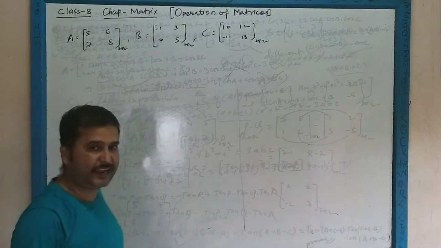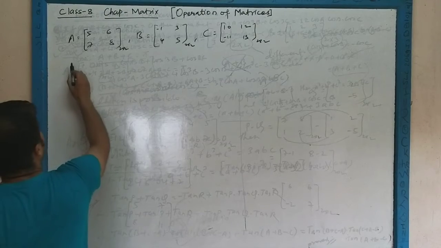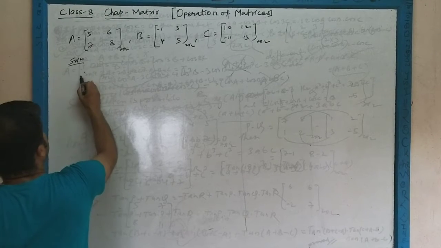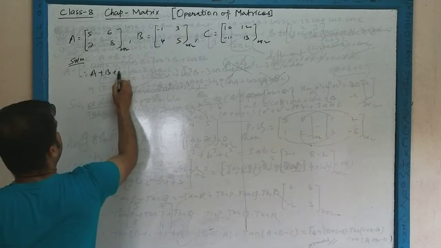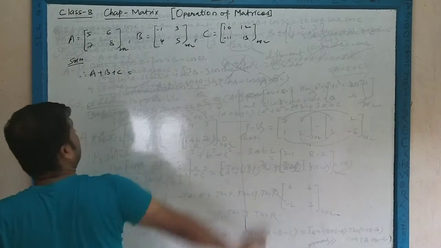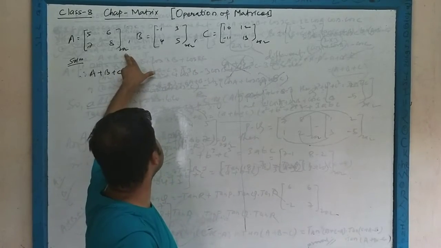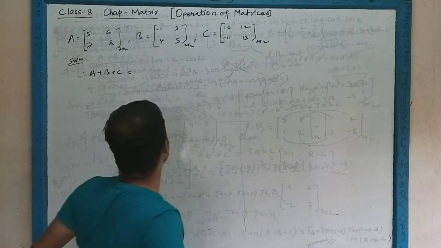Here I am doing addition and subtraction at a time, and I am showing you this example. So the solution: I am writing A plus B minus C, doing it roughly. Is addition and subtraction possible? Yes, because first of all, let's check they have the same order. So we can do this.